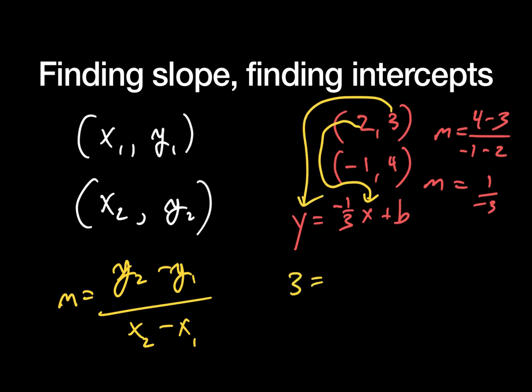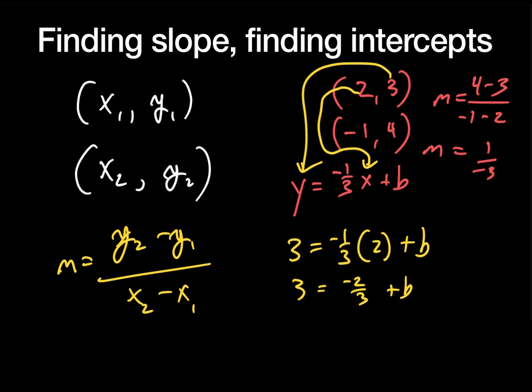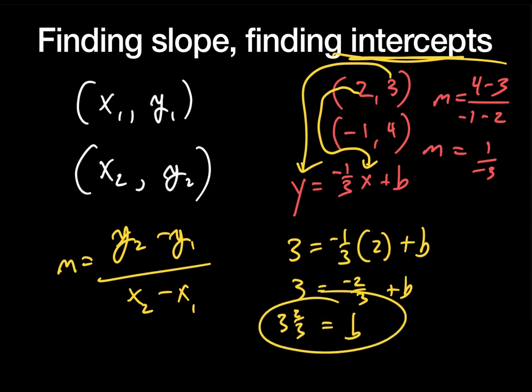I will have 3 equals negative 1/3 times 2 plus b. 3 equals negative 2/3 plus b. And then the last step of solving an algebraic equation is move everything to the other side by adding 2/3. So it'll be 3 and 2/3 equals b. And that would be my intercept if I'm given 2 points.